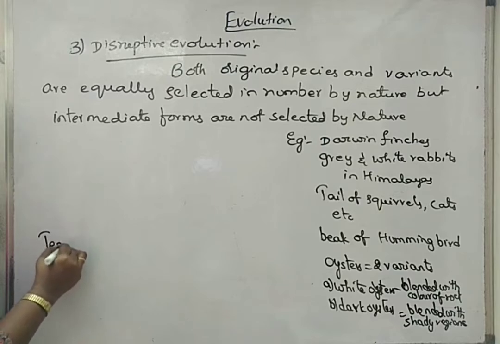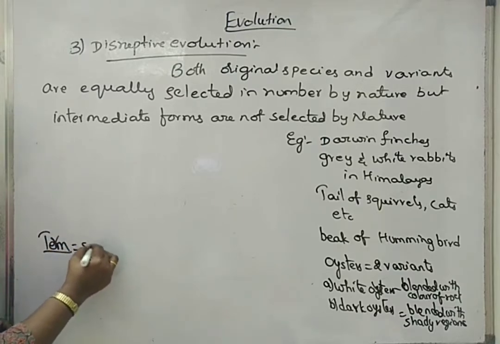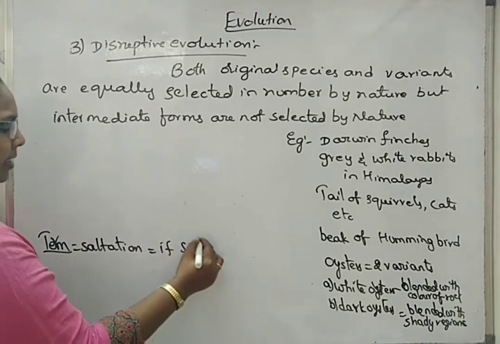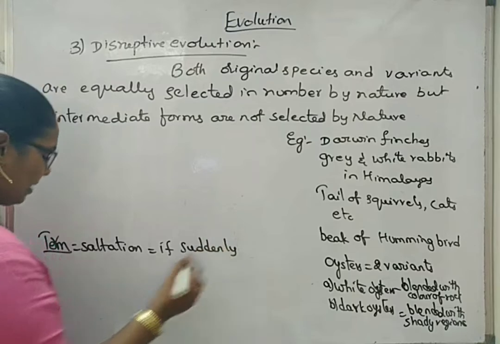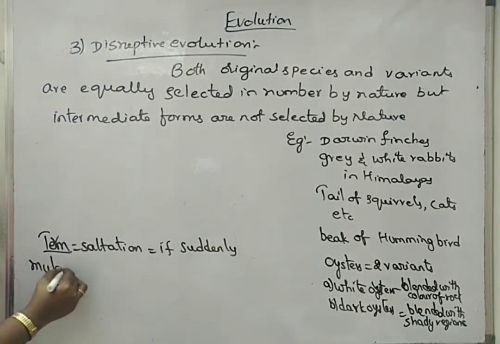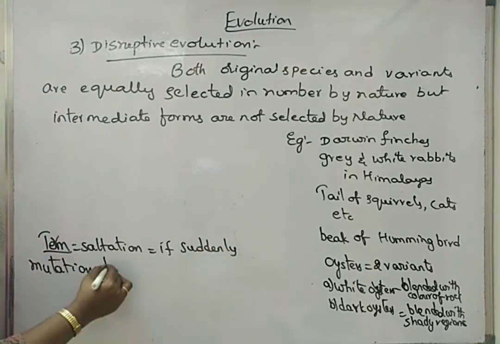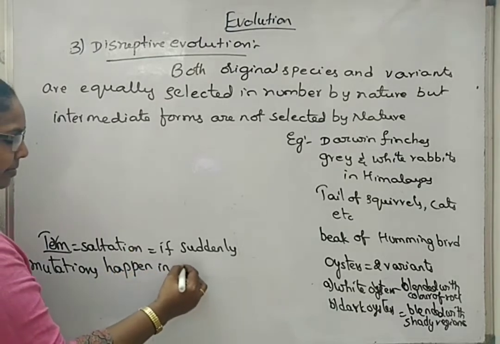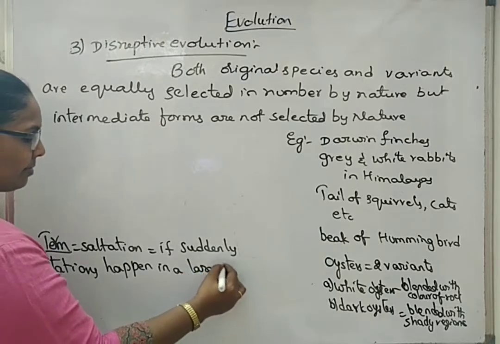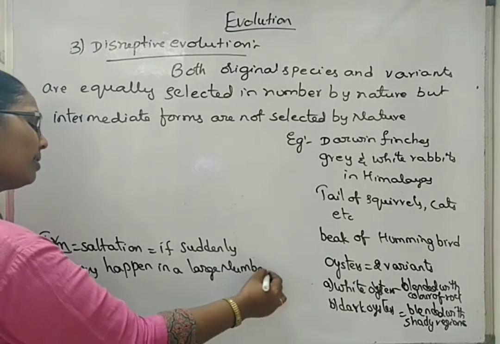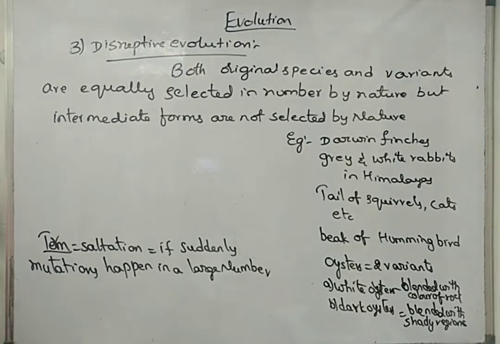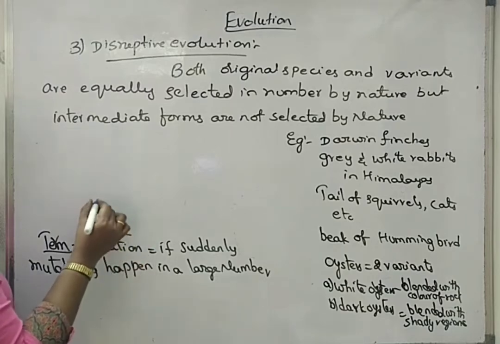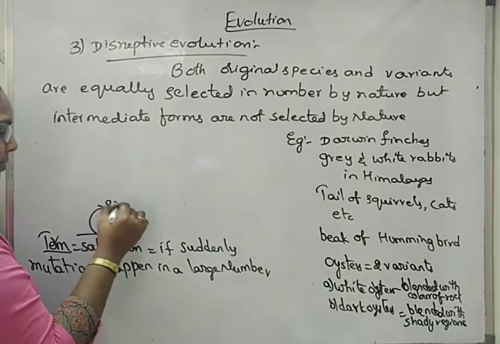So, the term is saltation. If suddenly mutations happen in a large number, such a condition is called saltation. Here we can also term this as single step mutation in a large population.